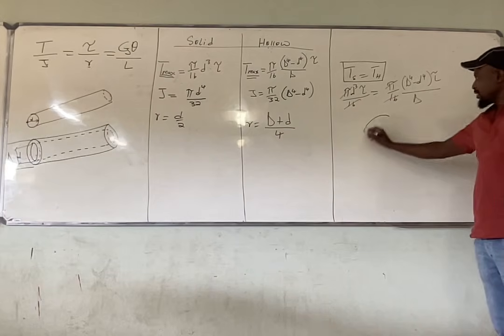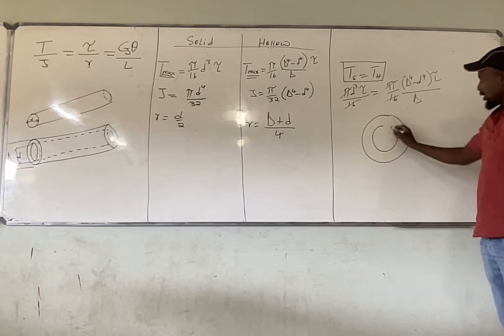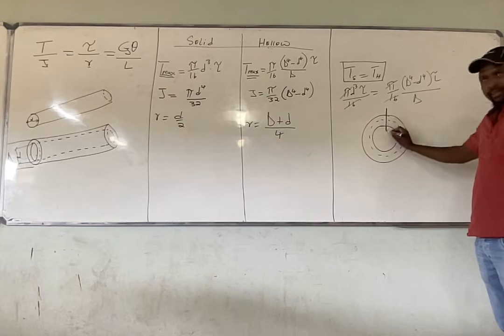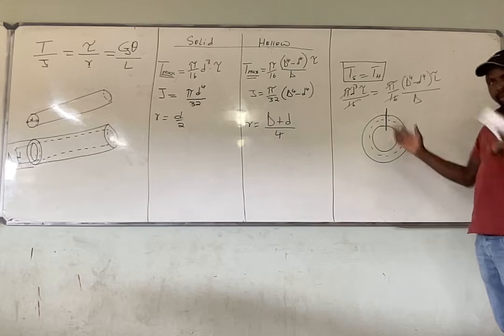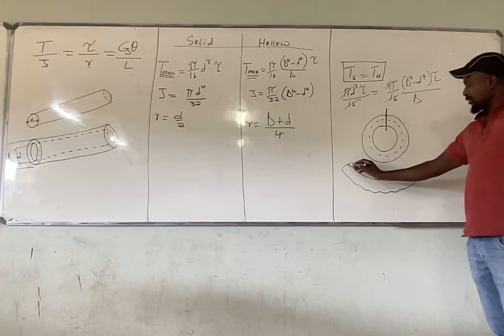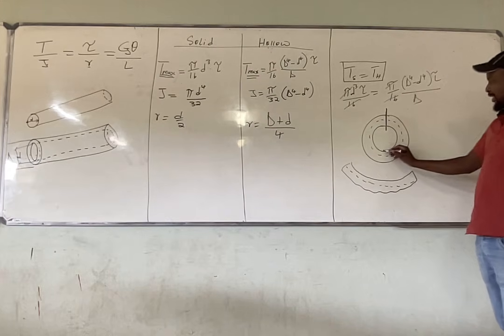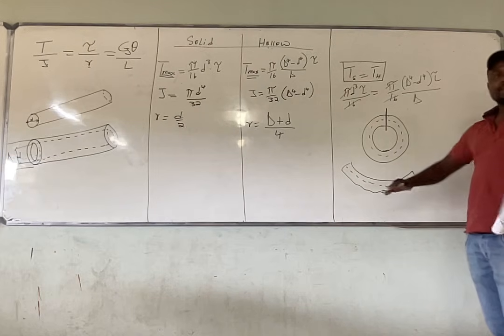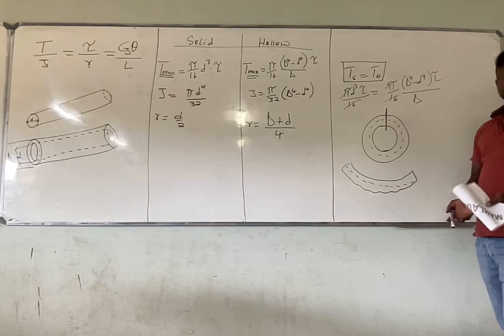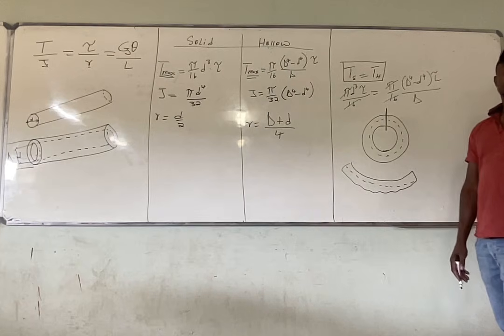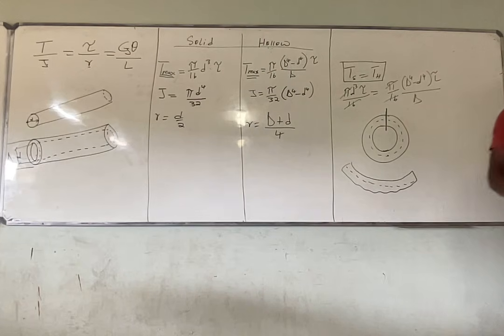If you have this shaft with the hollow there, the one in the middle, if you were to cut here and then open the shaft, what will happen? The inner diameter will stretch. The outer diameter will compress. But the middle diameter remains neutral, or remains the same. Hence, we use that one.